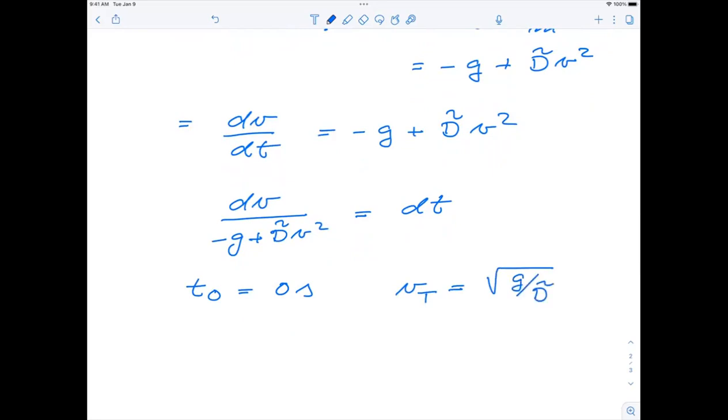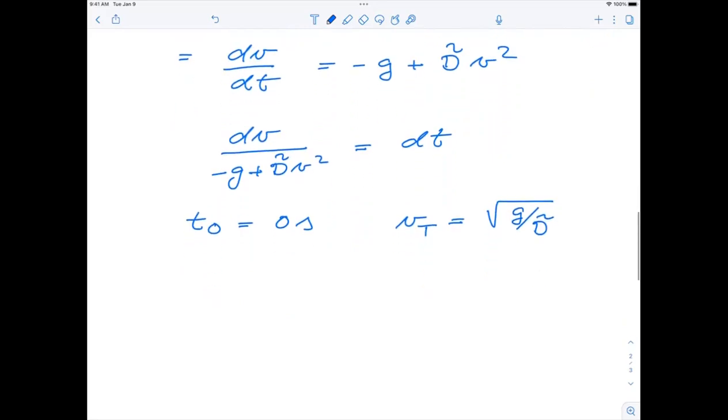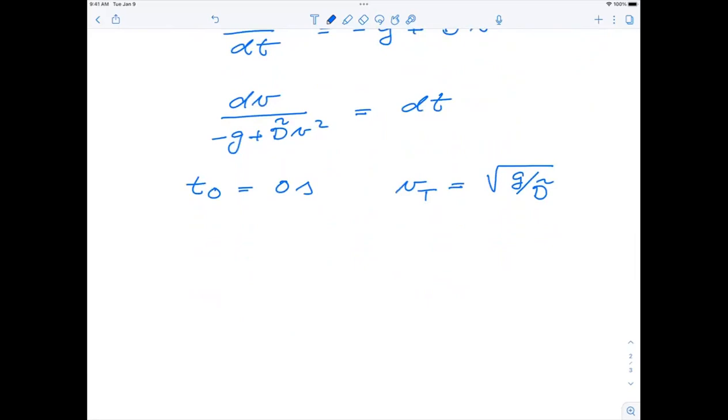Now, feel free to ask questions while I'm moving on here. This is perhaps not the most exciting exercise we're going to do, but it's going to serve an interesting purpose, because when we go to 2 dimensions, whether we have velocity squared or just simply the plain velocity dependence, we are not going to be able to find an analytical solution in 2 dimensions.